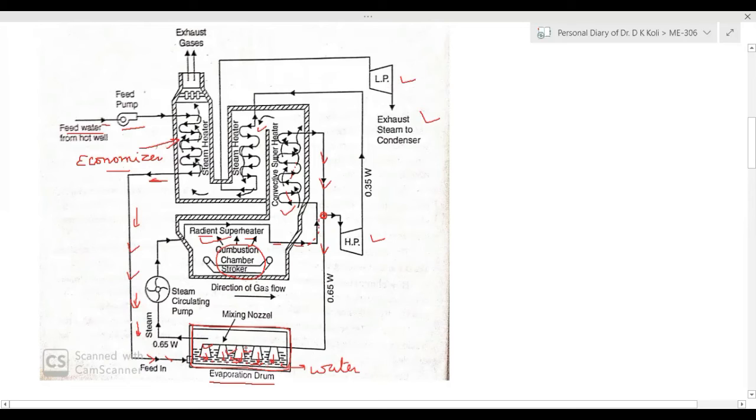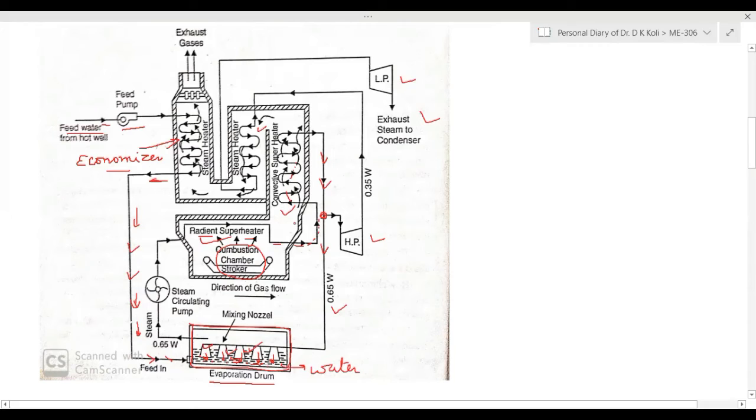I have given the example that we mix hot water and cold water to transfer heat. But here the heat of the steam is being used to heat the water, to evaporate the water, and the water is again following the same passage.